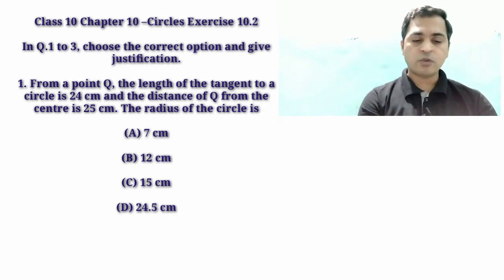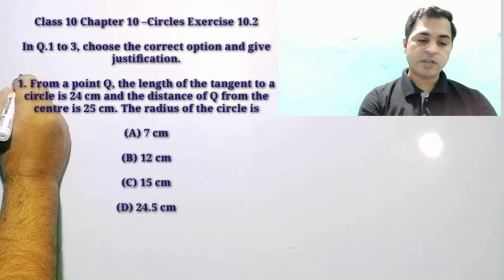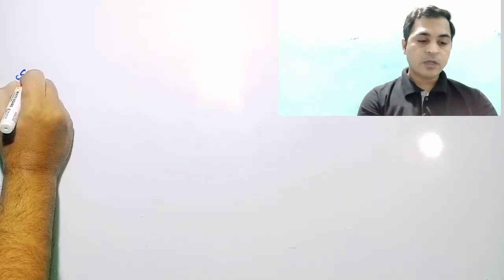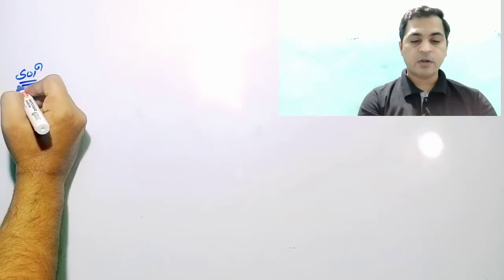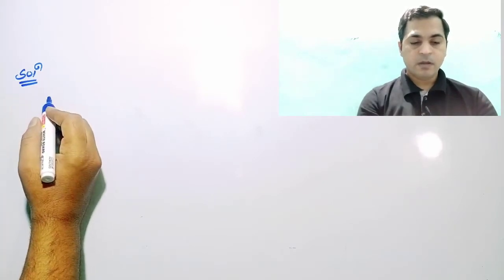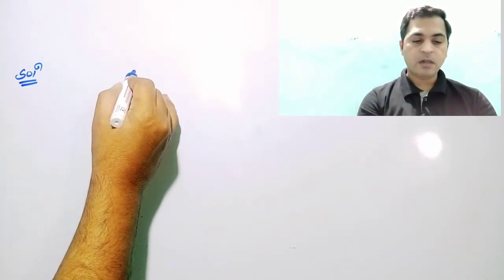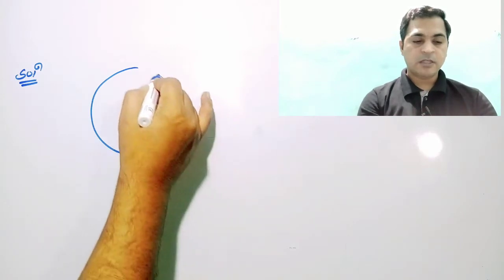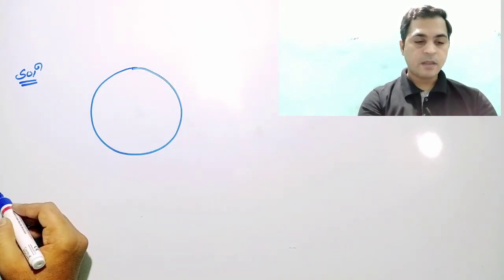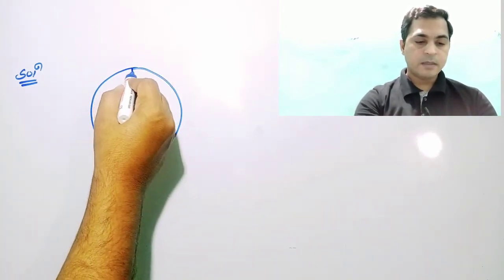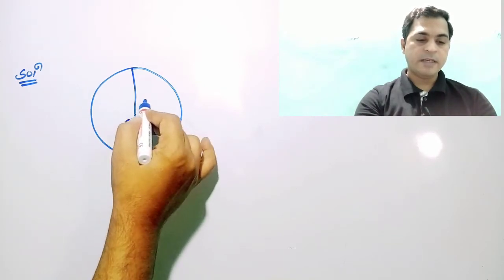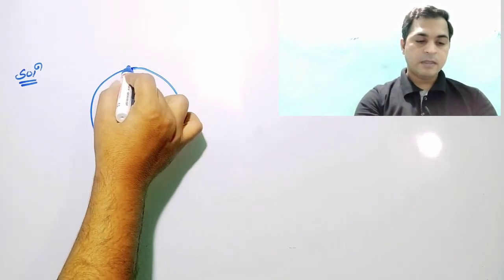This is a similar question to the previous one. Let us see the solution, students. First of all, drawing the figure, we have the circle, right? This is the circle and this is the radius, which is unknown.